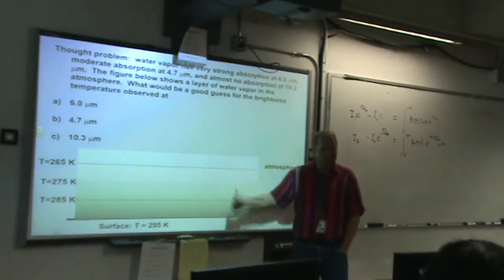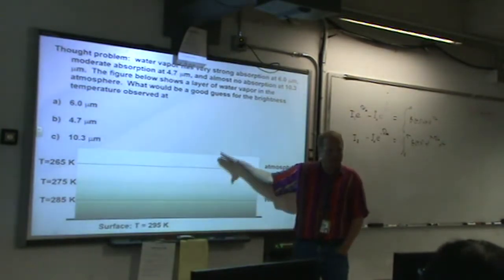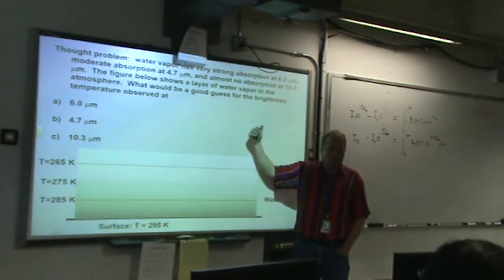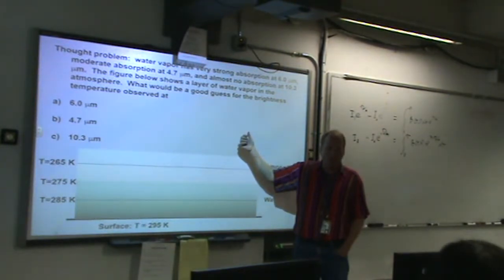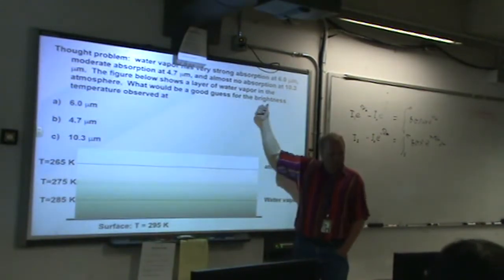But we're only looking at what's being emitted from that surface. And then as it goes through the water, nothing happens to it because it's not absorbing. At 10.3 microns, the water does not absorb. So it just goes straight through the water.